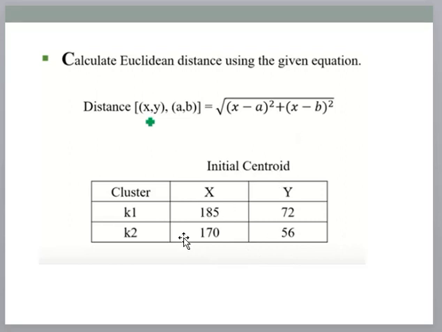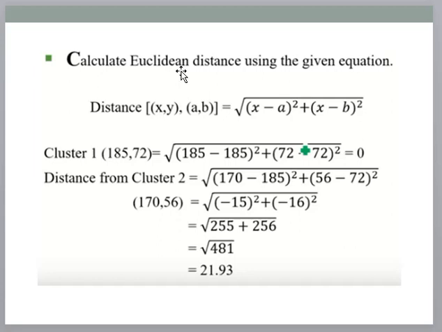Now we will be using these cluster centers or centroids in the Euclidean distance, and we will be calculating their distance with the data samples. Now what we are doing is we are using this Euclidean distance, and we are calculating the distances here.